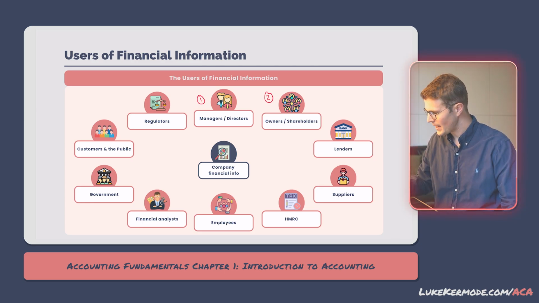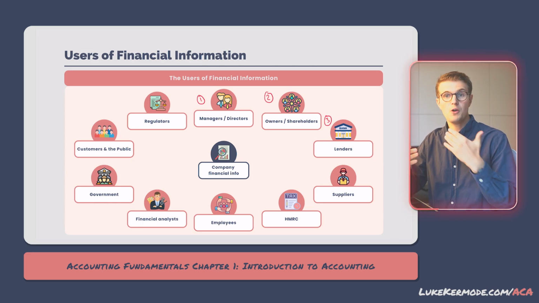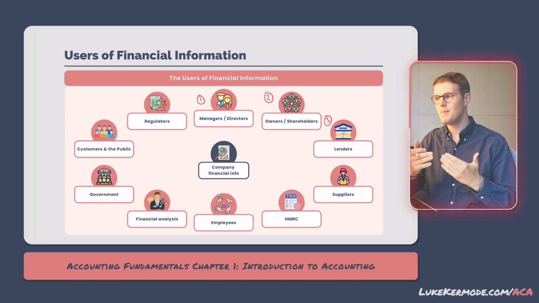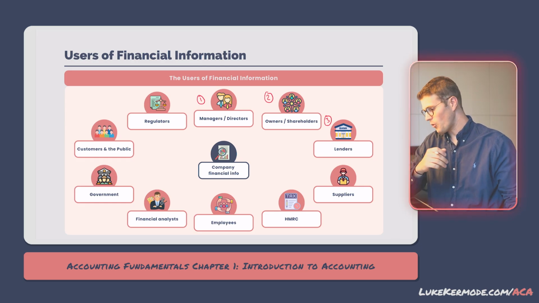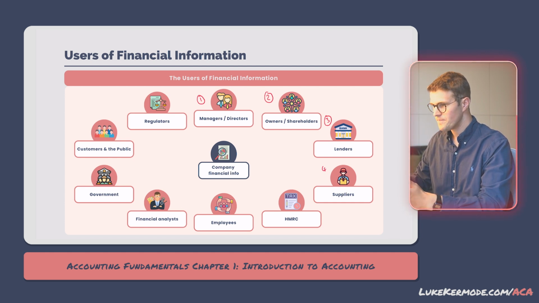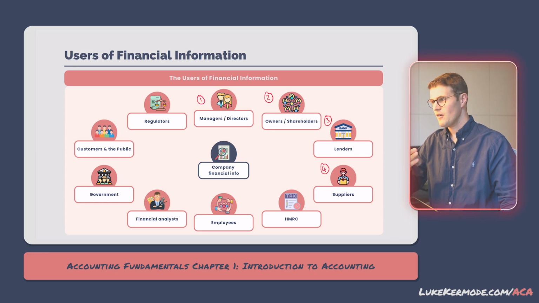Lenders, such as banks, use financial information to decide whether to provide loans to the company. They'll assess whether the company can meet its debt payments and will often ask for cash flow forecasts from the business's managers. Suppliers use financial information to check whether a business is financially stable enough to pay for its supplies.